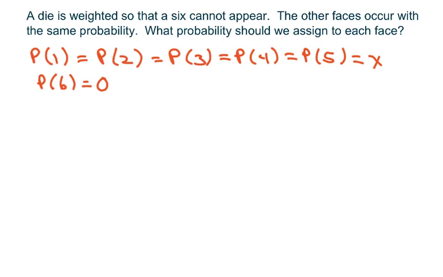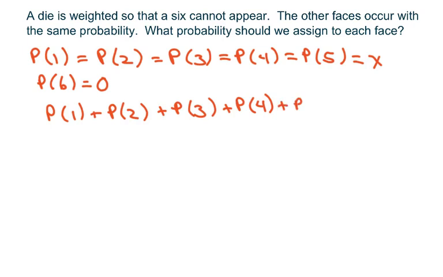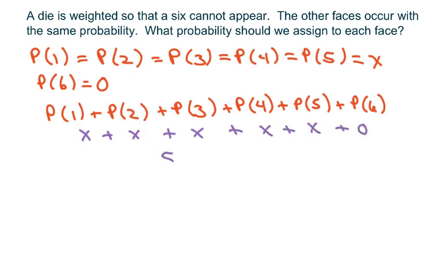So we add all this up. We get the probability of 1 plus the probability of 2 plus the probability of 3 plus the probability of 4 plus the probability of 5 plus the probability of 6. That's going to equal x plus x plus x plus x plus x plus 0. This equals 5x.